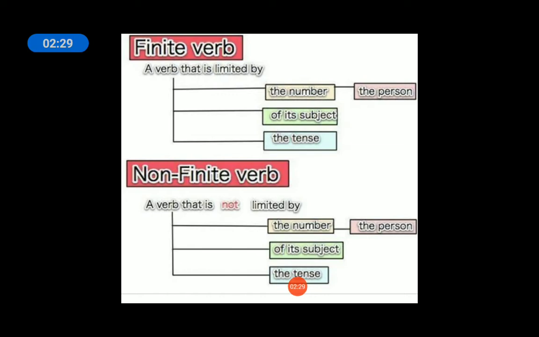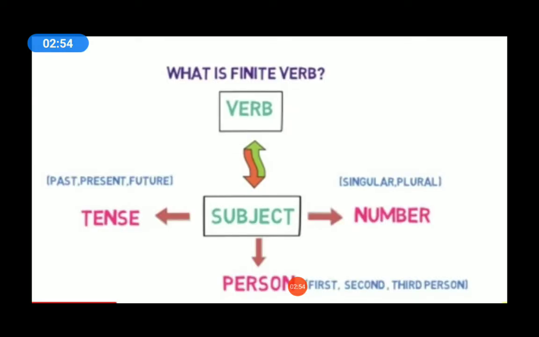On the other hand, a non-finite verb is that verb which is not limited by the number and the person of its subject and the tense of the sentence. Now you must be wondering about this definition, because it is a bit difficult for you. Let me explain it to you in detail.